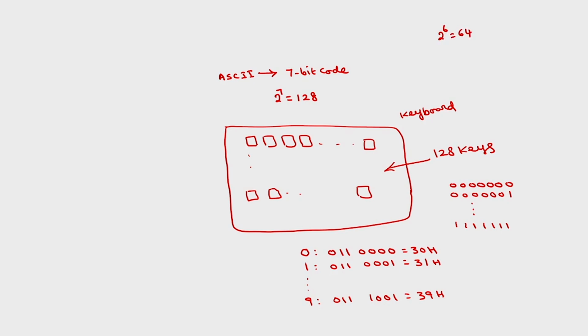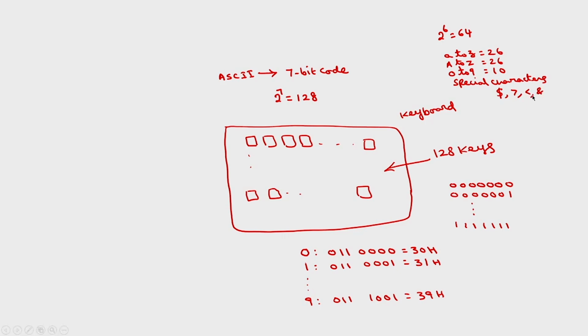But on this keyboard we require all lowercase letters A to Z, which is 26, uppercase letters A to Z, 26, then digits from 0 to 9, which is 10, and then some special characters such as dollar, greater than, less than, and different symbols.